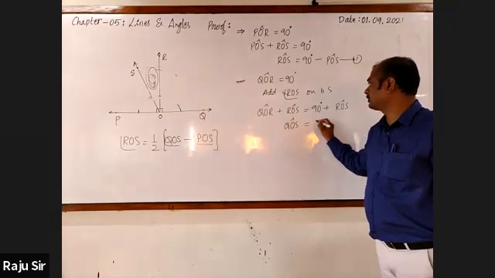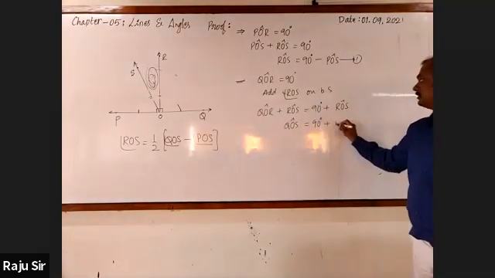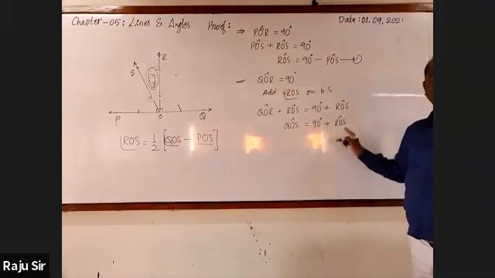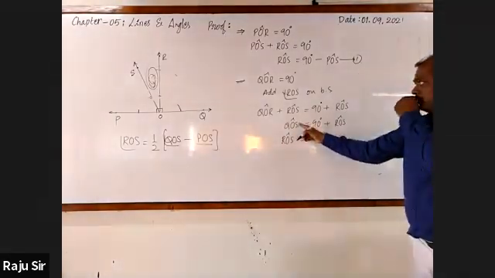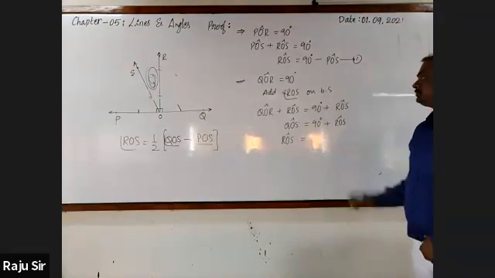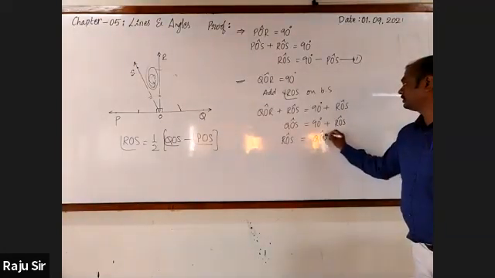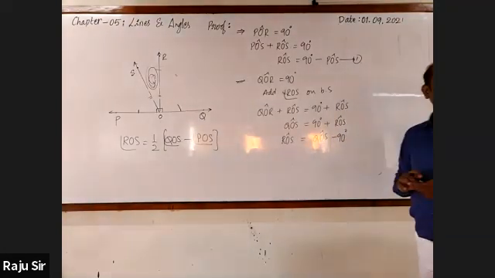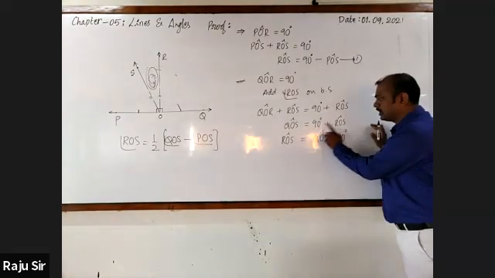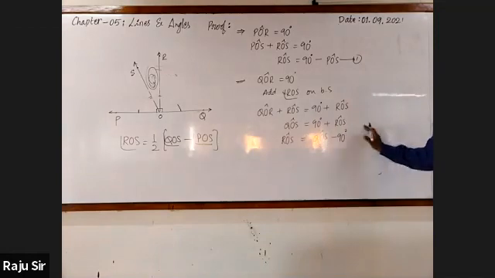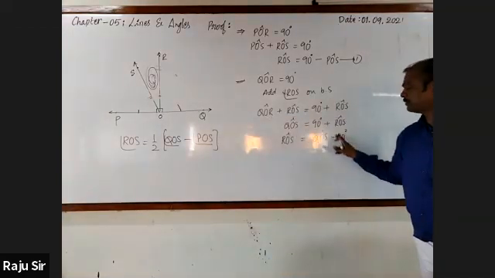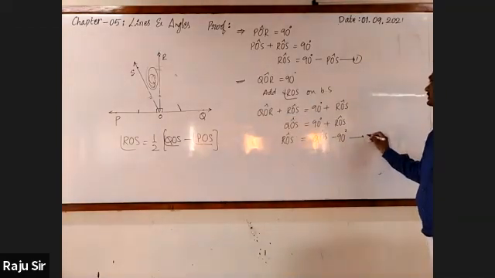QOS is equal to 90 degrees plus ROS. What is ROS? ROS is QOS minus 90 degrees. Transfer 90 degrees to the left hand side, then it becomes minus 90. Call it statement 2.